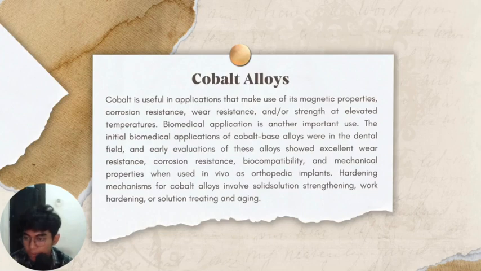The initial biomedical applications of cobalt-based alloys were in the dental field, and early evolution of these alloys showed excellent wear resistance, corrosion resistance, biocompatibility, and mechanical properties when used in vivo in orthopedic implants. Hardening mechanisms for cobalt alloy involve solid solution strengthening, work hardening, or solution treatment and aging. Okay, we go to the next slide.